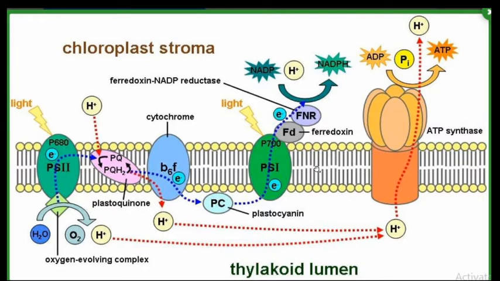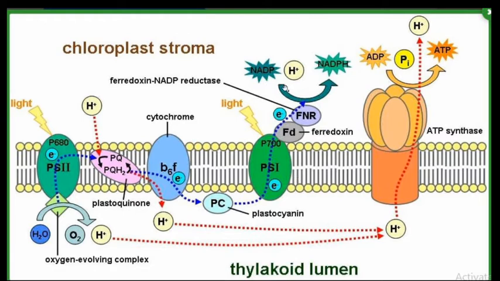For that construction, here is the photolysis of water, meaning a water molecule can be broken down with the help of light energy, and there is a splitting off of O2 plus H positive ion. Then they are combined with plastocyanin. Then there is a cytochrome. In this way, plastocyanin and ferredoxin.